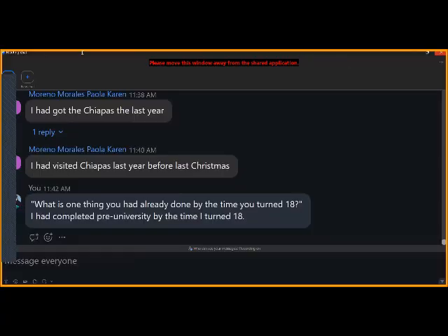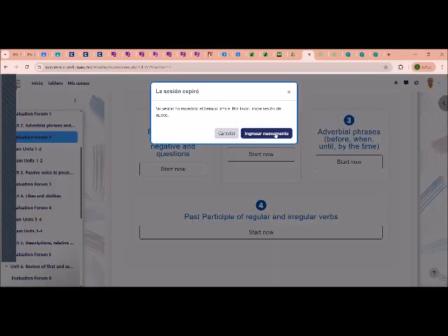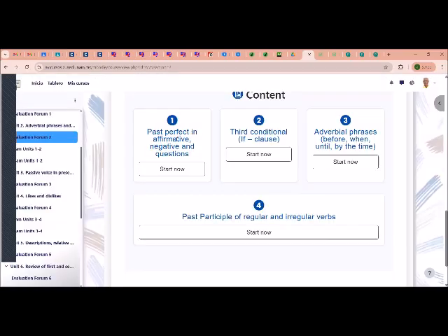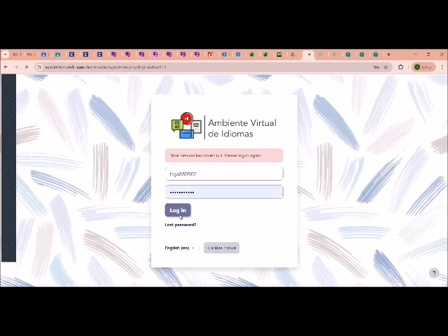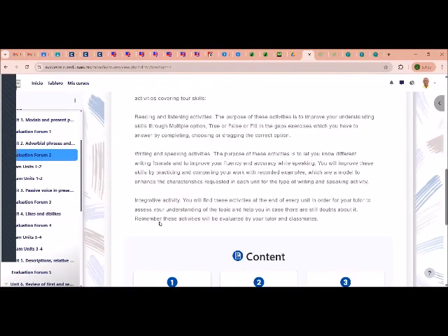The goal, guys, is for you to jump in if you haven't done so and start working in this new unit. We're focusing on verbal phrases, and the first topic is for you to work on your past perfect.